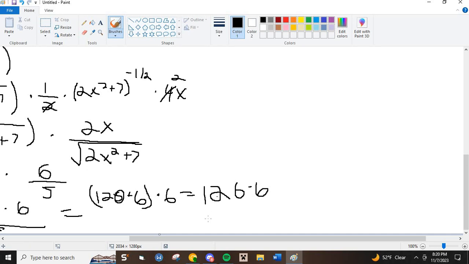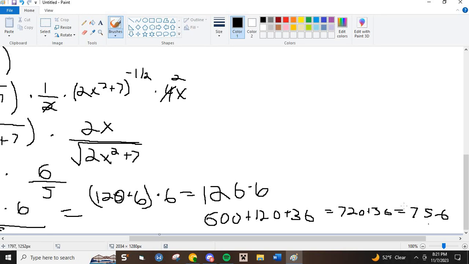So 600 in the hundreds place plus 120 plus 36 is 720 plus 36 is 756. And that's your answer for part C.